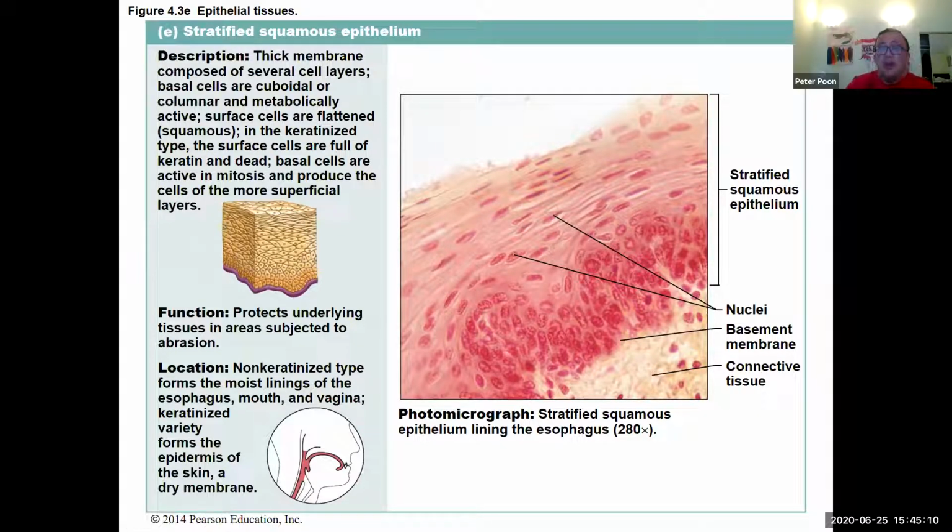If you take a buccal swab, buccal meaning cheek, they insert that Q-tip into the back of your mouth and rub, and you free off some skin cells, and then you look at them under a microscope.